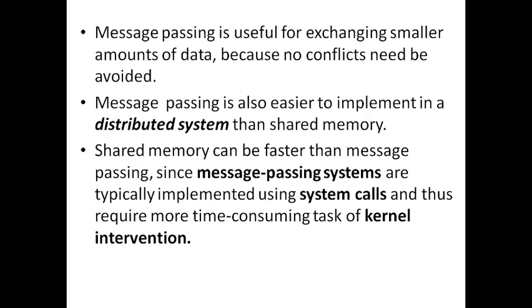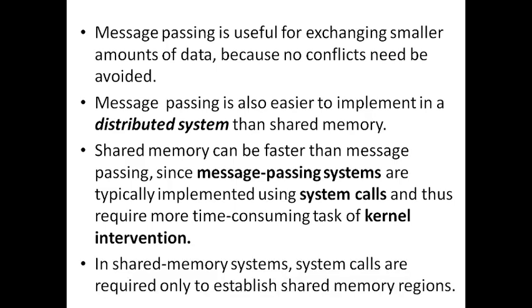But with shared memory, only the creation requires a system call. Once it is created, it becomes a normal part of the process, and they can just read and write without even asking any permission from the operating system. So shared memory is an inexpensive, fast, quicker option than a message queue, provided there is accessibility of shared memory.